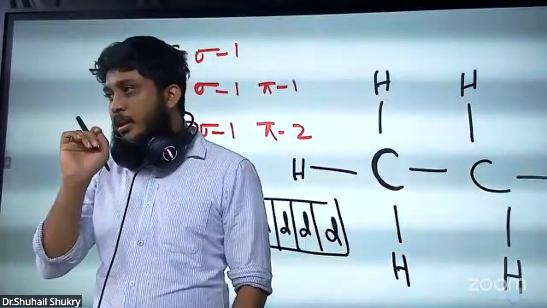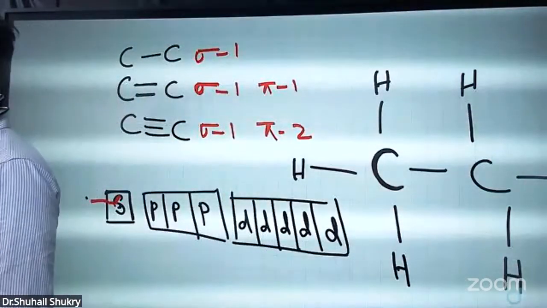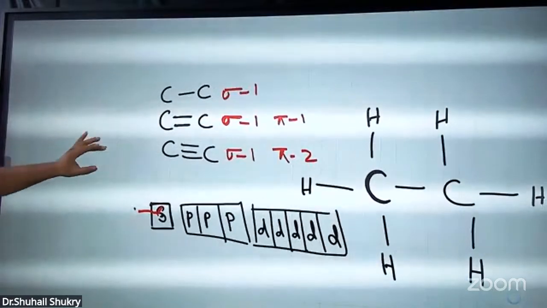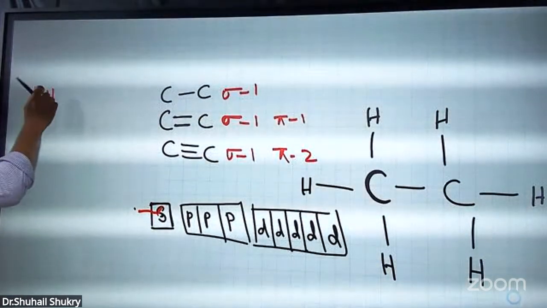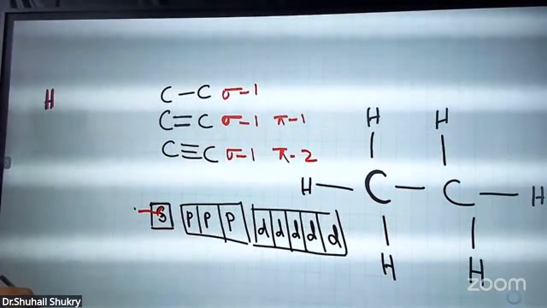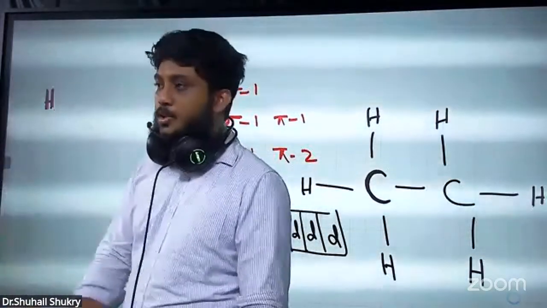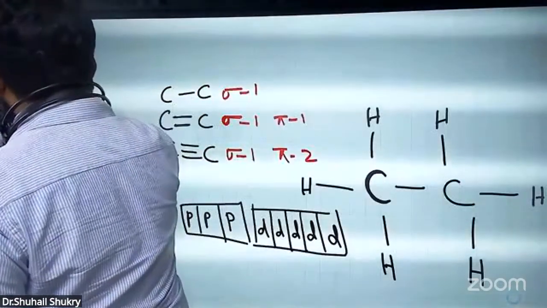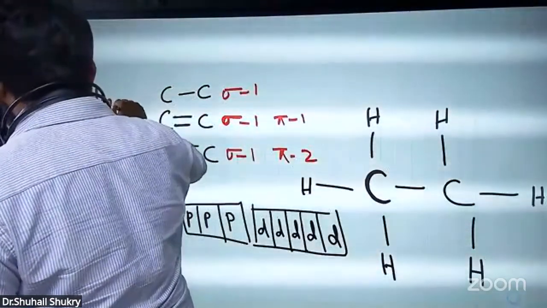So when we are checking the hybridization, guys, I guess we wrote these things in our class, right? How to check hybridization now? This is just for recalling for the students who came today.